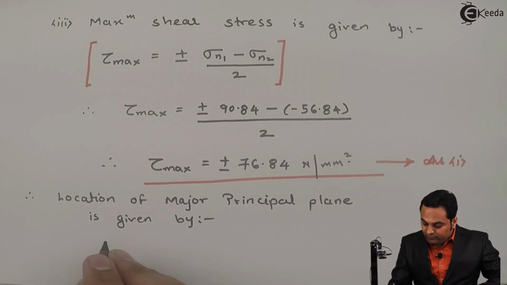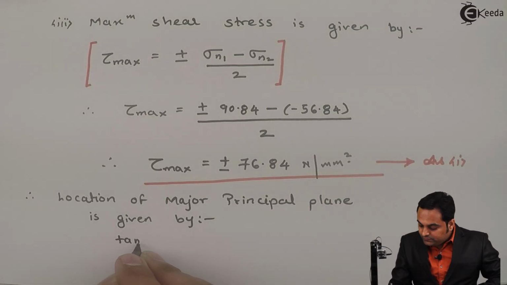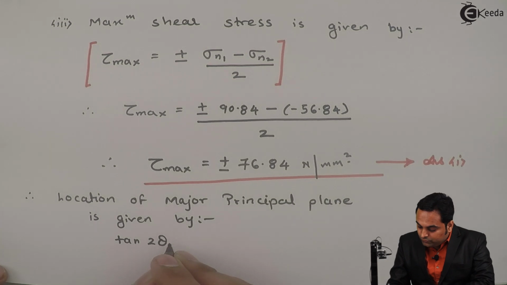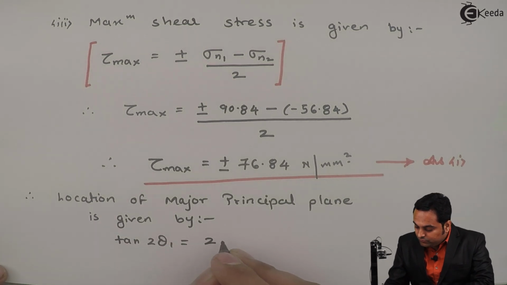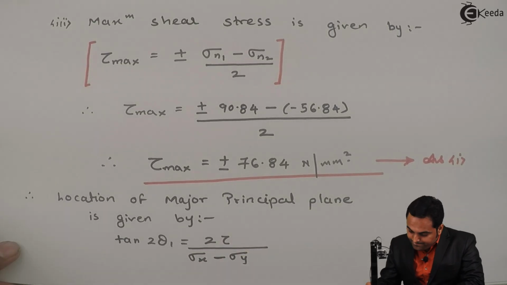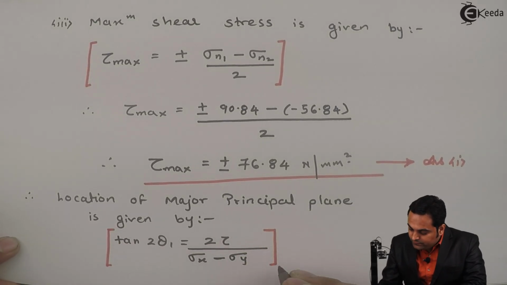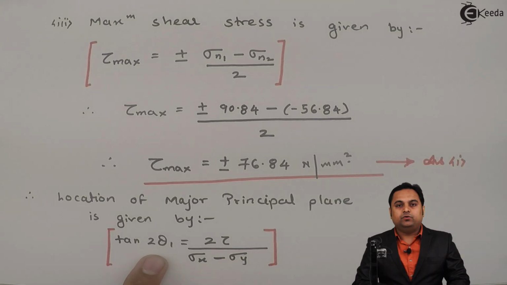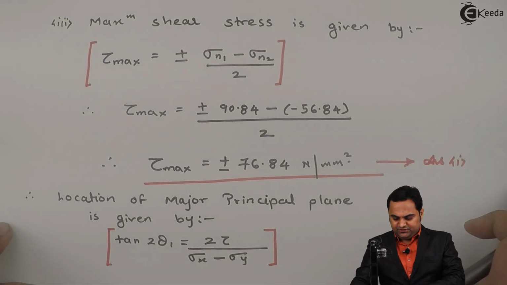So here the formula would be tan 2 theta 1 is equal to 2 into tau upon sigma x minus sigma y, where theta 1 is the location of the major principal plane.